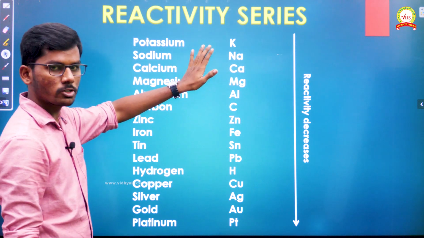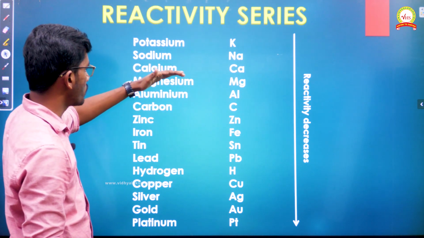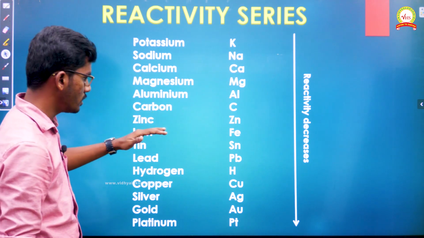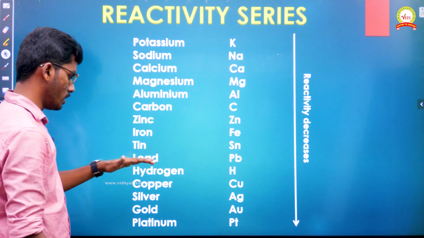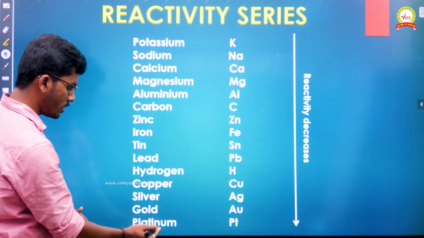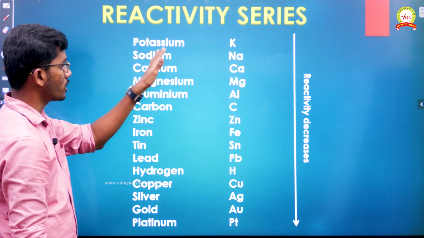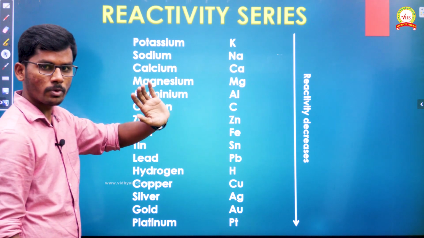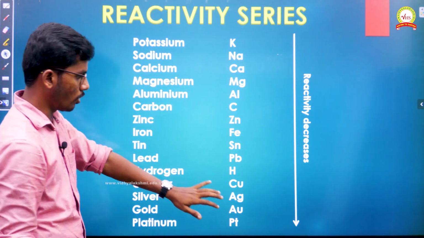The most reactive metal is potassium, and then sodium, calcium, magnesium, aluminum, carbon, zinc, iron, tin, lead, hydrogen, copper, silver, gold and platinum. So the least reactive metal is platinum and the most reactive metal is potassium. If you know this, you will be able to predict whether the reaction will happen or not.